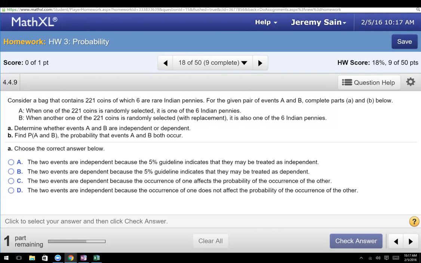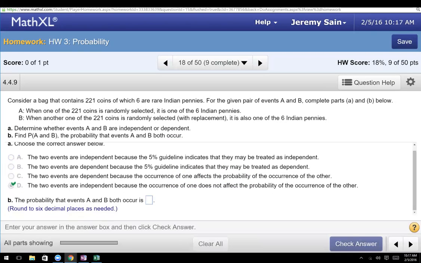Yeah, they're independent because, again, we're putting the first one we got back. So that means both times we're doing under the exact same conditions. So they are independent because the occurrence of one does not affect the probability of the other.